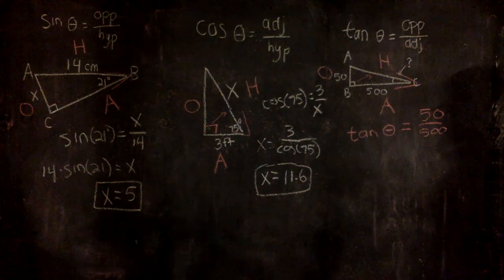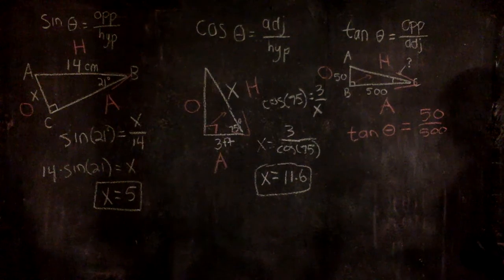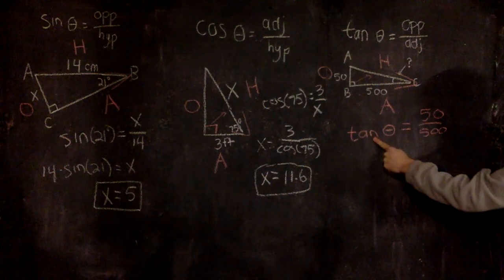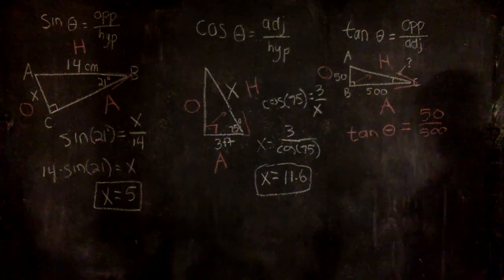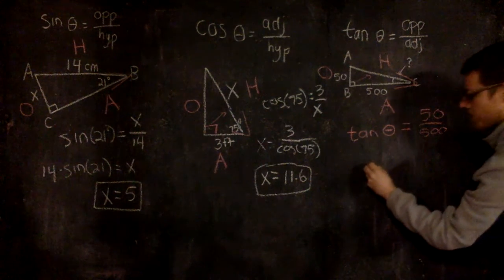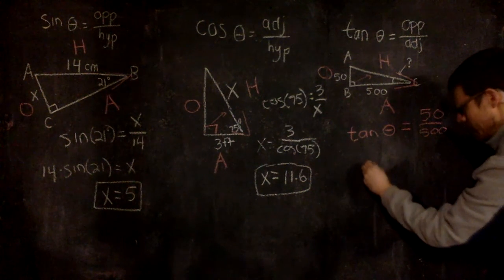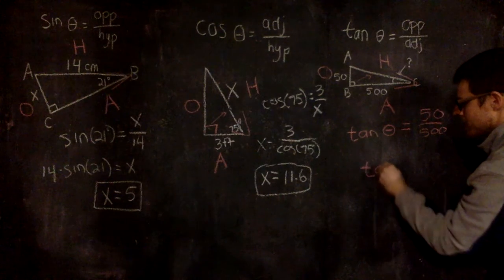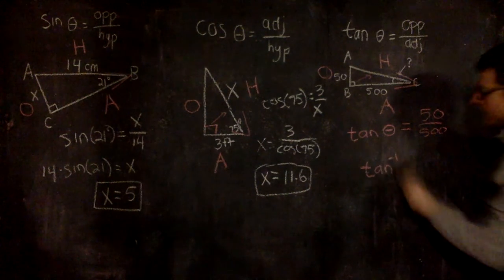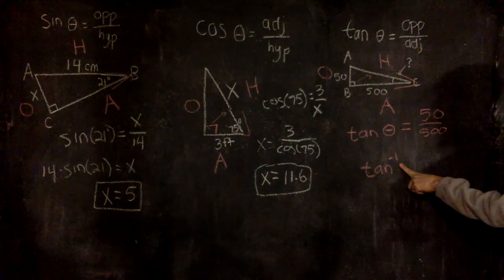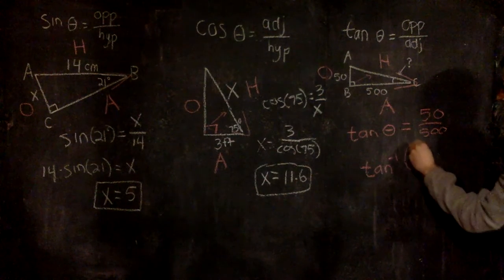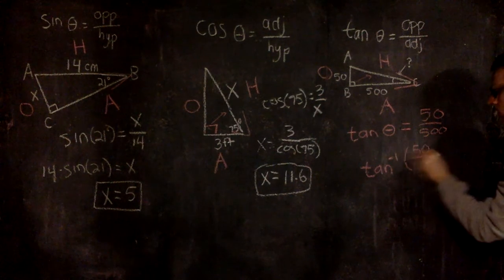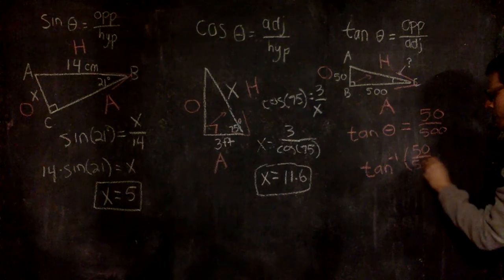But your calculators are all going to have a handy little feature in it. Because you're trying to undo tan, we're going to use this cool little button in the calculator that says tan, and it has a -1. That means inverse tan. And then we're just going to put that fraction right into the calculator.